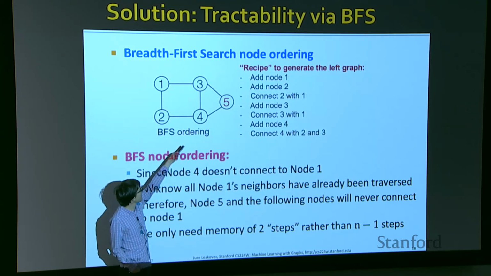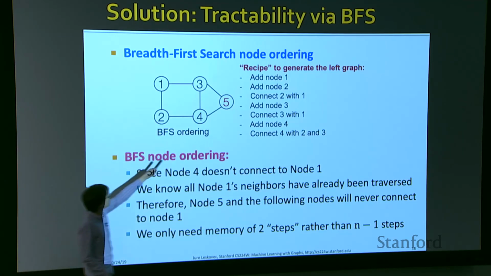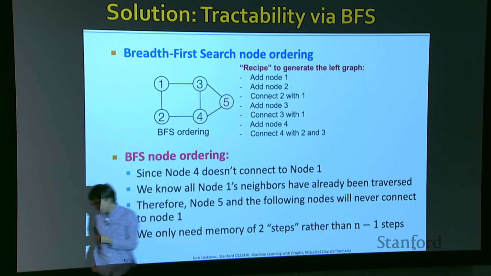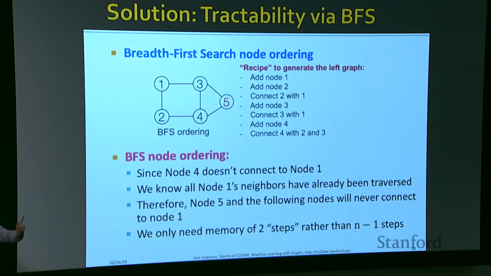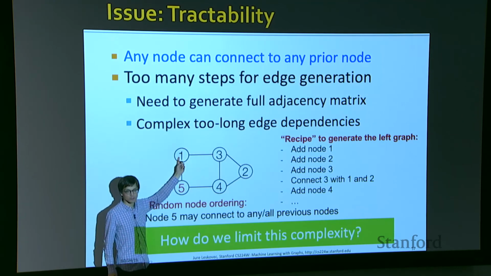All I have to remember now is 2 steps of memory. I just need to be able to connect 2 steps back, rather than needing to connect 4 steps into the past, as we had before with this type of ordering, where I had to remember to connect to node 1.